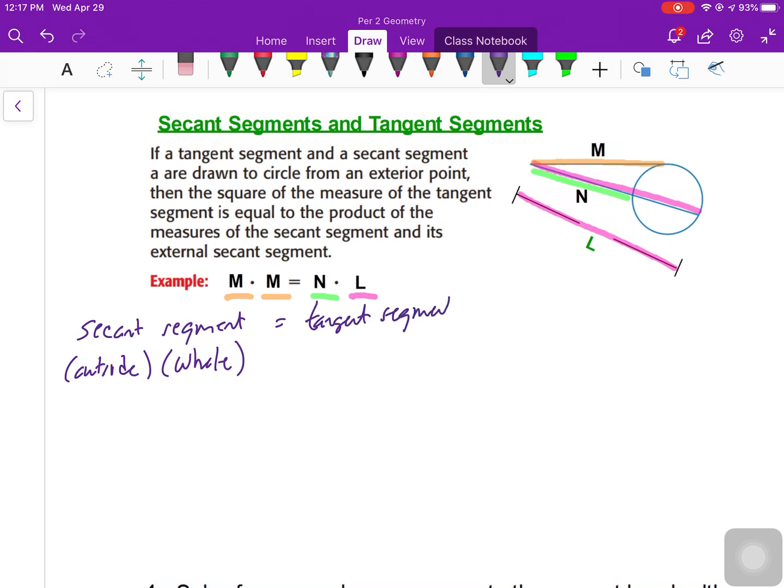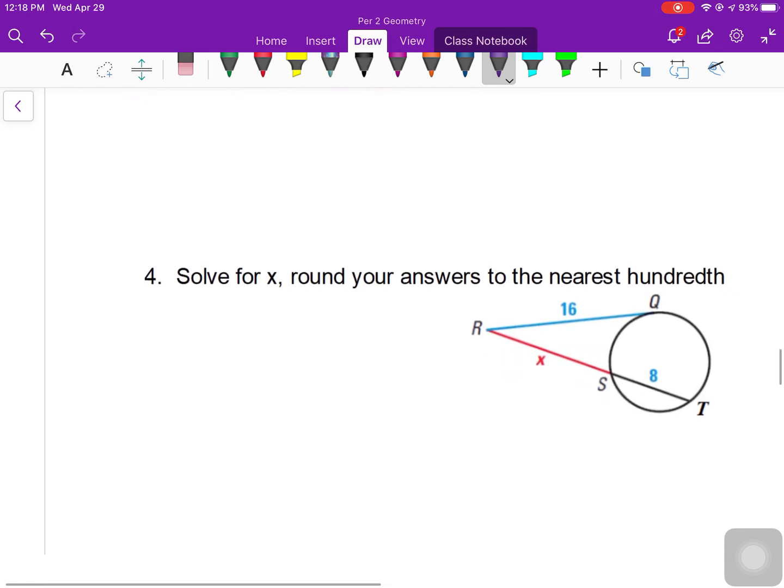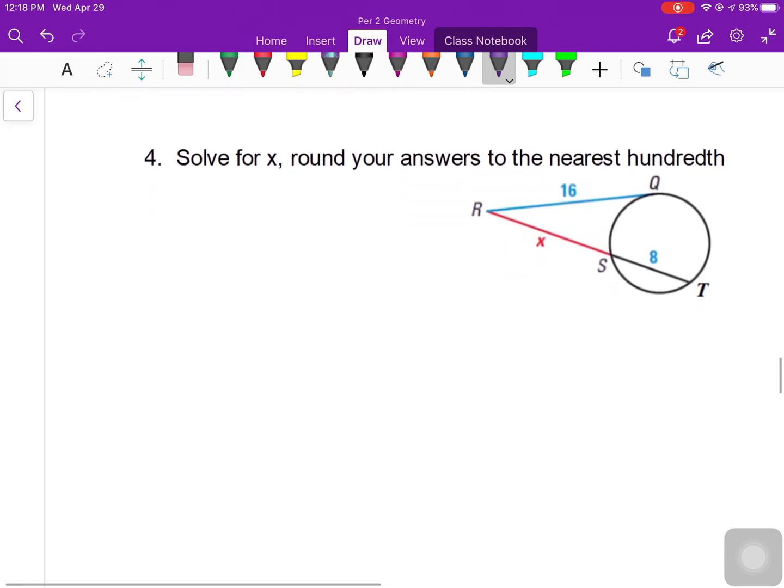For a tangent segment, we take outside times outside. And that's simply because on a tangent segment, the whole length and the outside are both the same. Let's take a look at a problem like this.